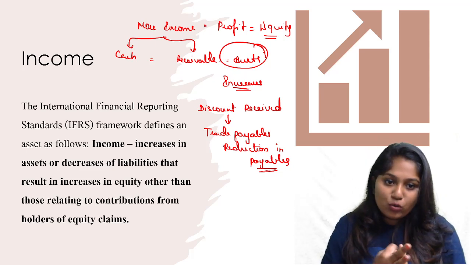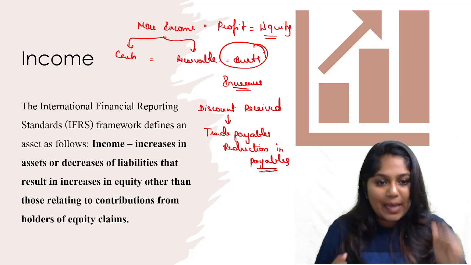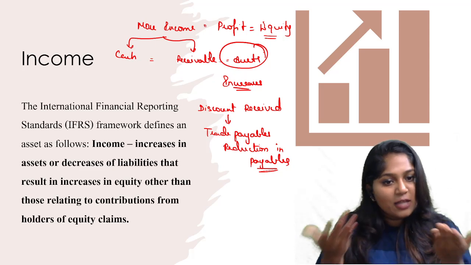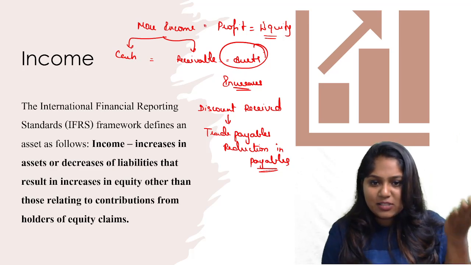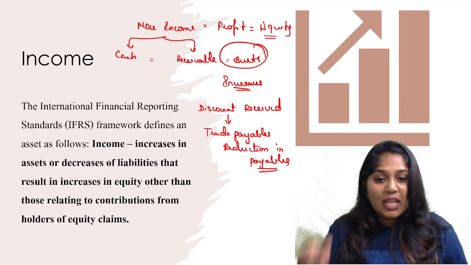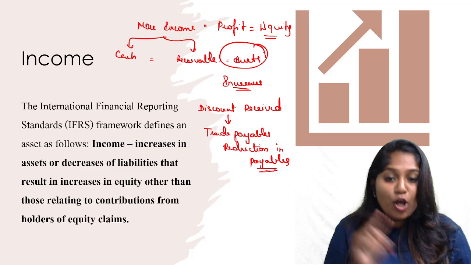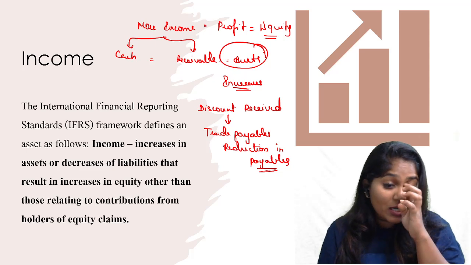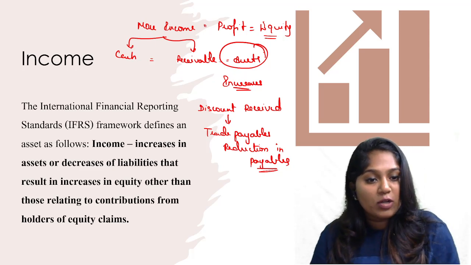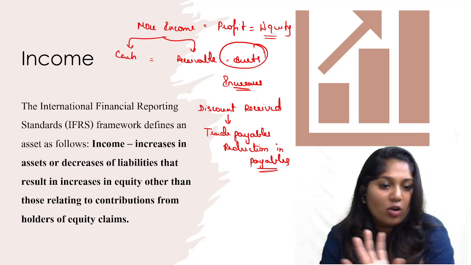At the end of the day, it will also increase your equity, apart from the additional capital contributed by the shareholders. This is called income. If you read this, what is income? Increase in assets or decrease of liability that results in increase in equity, other than those relating to contribution. What is contribution? Additional capital from the holders of equity claims, from the owners, from the shareholders of the organization.